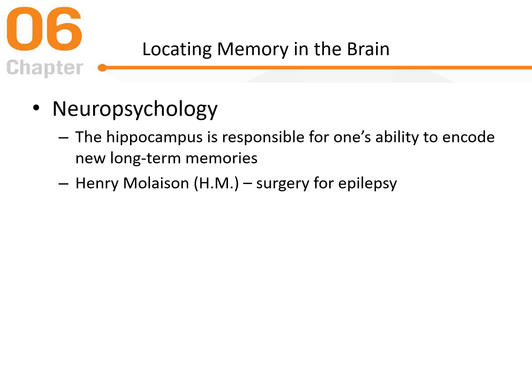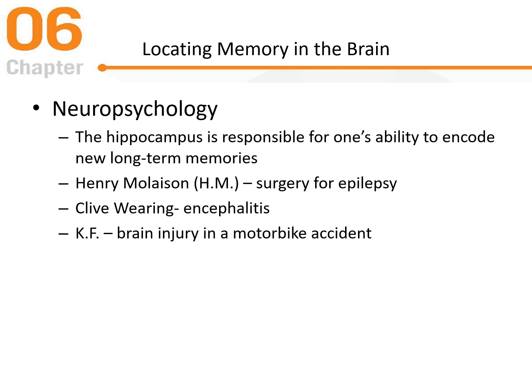HM had surgery for epilepsy and had basically his whole hippocampus removed. Clive Wearing had encephalitis, which caused damage to his medial temporal lobe, which includes the amygdala and the hippocampus. And we also have KF, who had a motorbike accident and suffered damage to his parietal lobe.